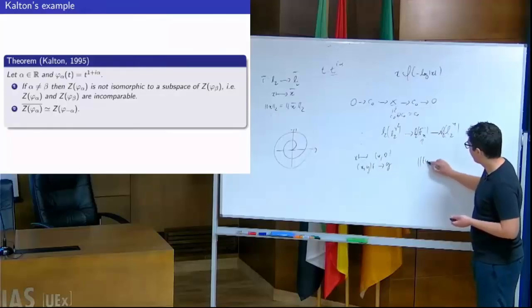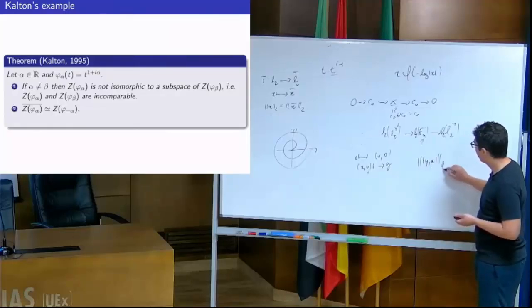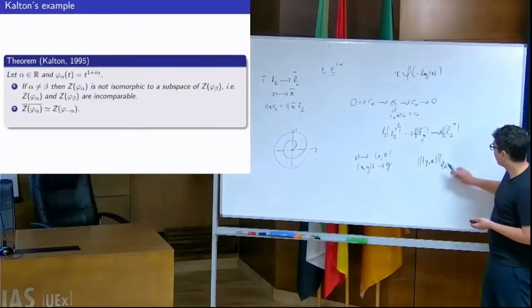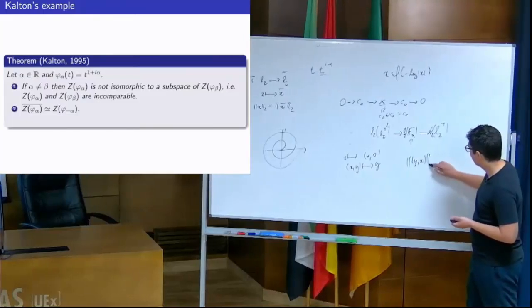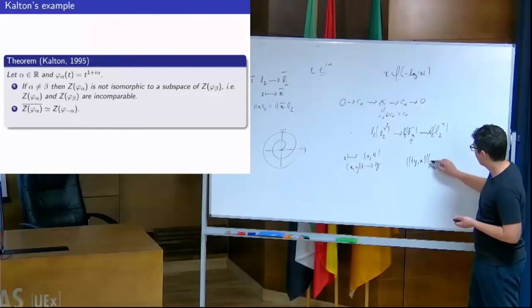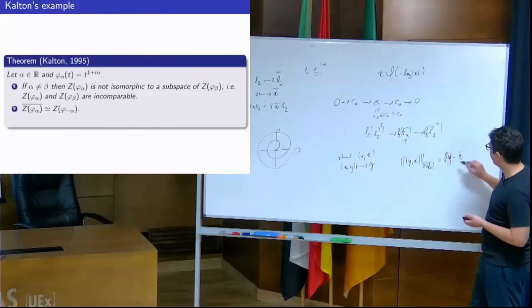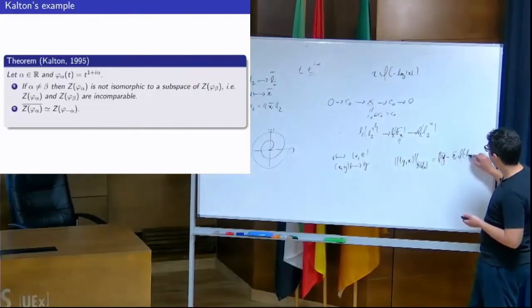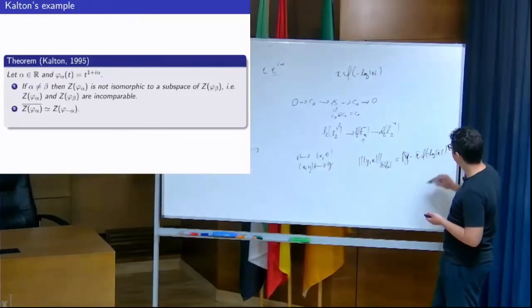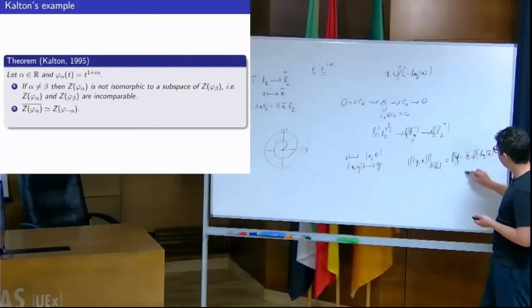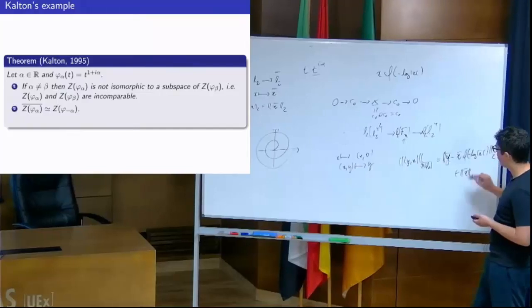Norm of (y, x) in Z of phi alpha conjugate should be the norm of (y minus x conjugate phi of minus log of modulus of x conjugate, x) plus norm of x conjugate. Okay?